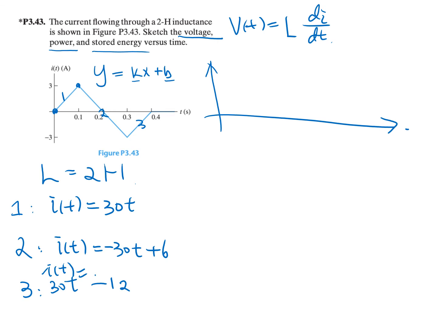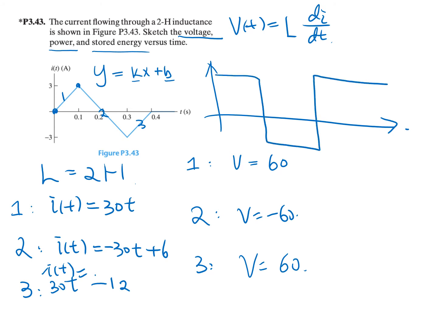For the first stage, V is equal to, take the derivative, that's 30, times 2, 60. Similarly for the second, that's negative 60. For the third stage, that's 30 times 2 as well, so that's 60. We have the diagram looks like this.